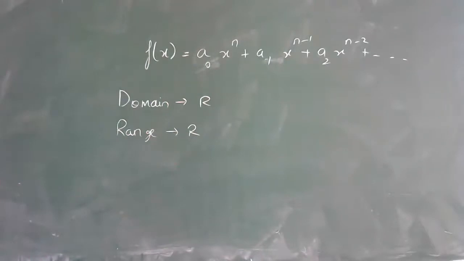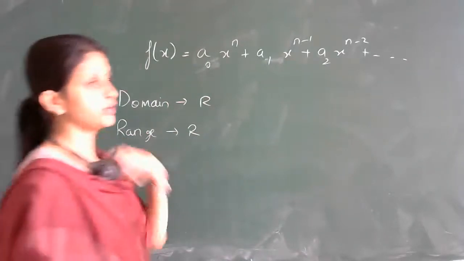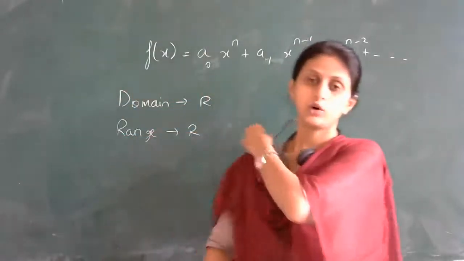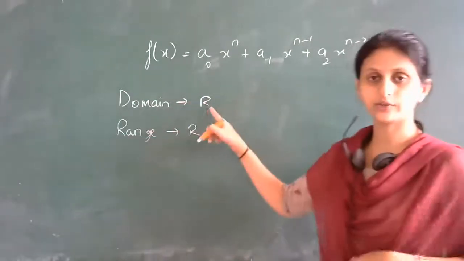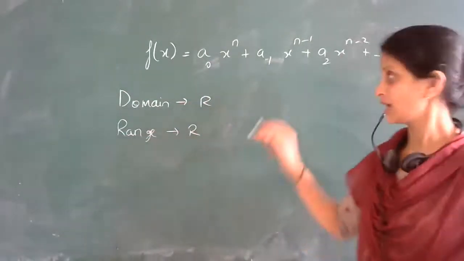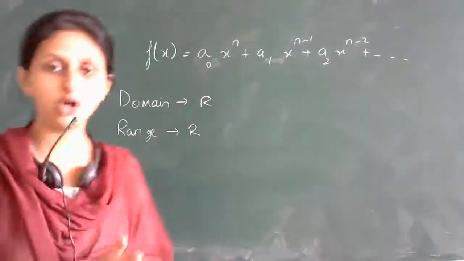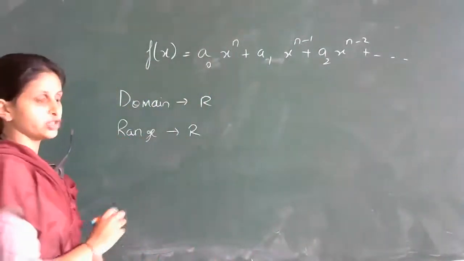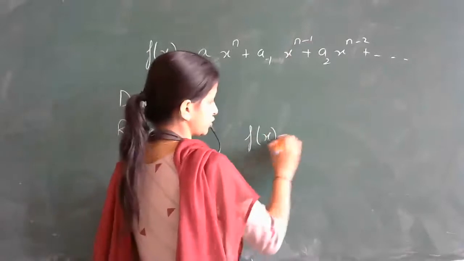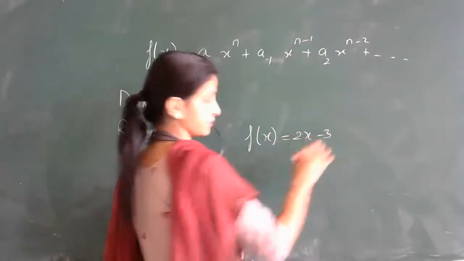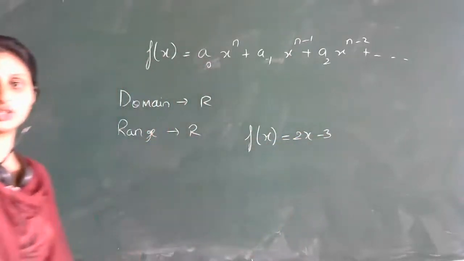Domain is set of real numbers and range is also set of real numbers. Polynomial functions, what is domain? It is set of real numbers, range is set of real numbers. As we all know what are polynomials, the function which is a polynomial is nothing but polynomial function. For example, f of x is equals to, now we saw, right, 2x minus 3. This is nothing but polynomial function.